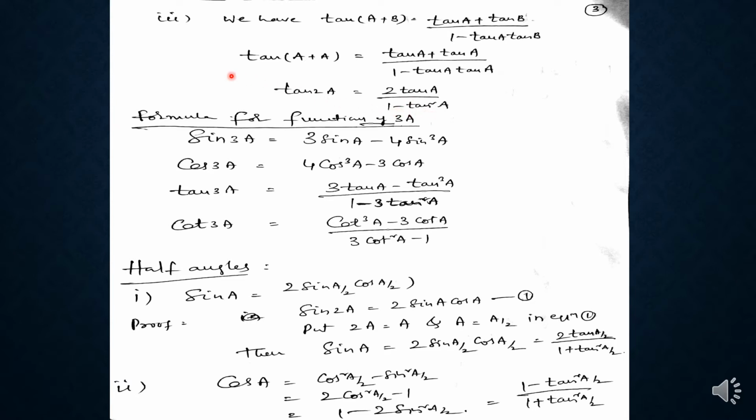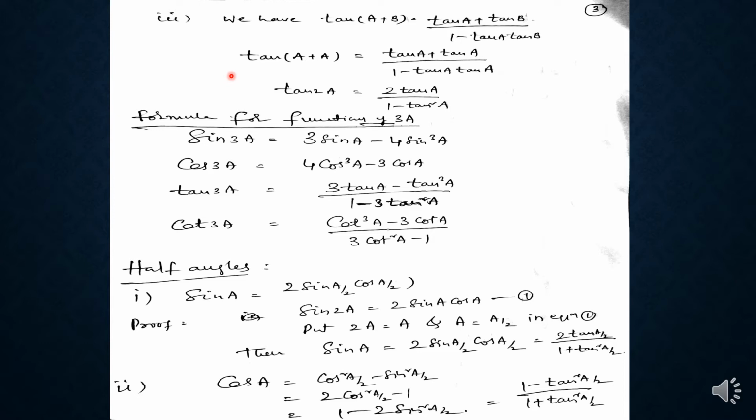Thus we got the formulas for sin 2A, cos 2A and tan 2A. So what is sin 2A? 2 sin A into cos A. What is sin 2A in terms of tan A? 2 tan A by 1 plus tan square A. What is cos 2A? Cos 2A is cos square A minus sin square A. What is cos 2A in terms of cos A?